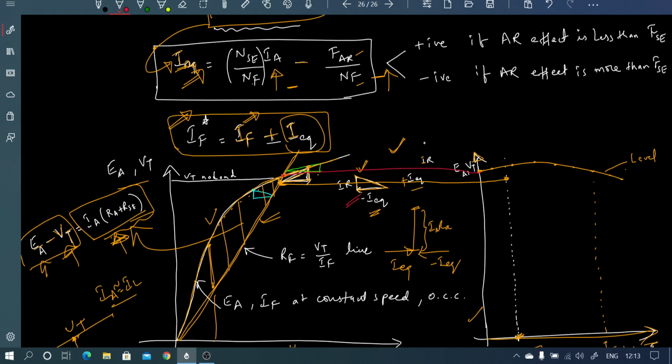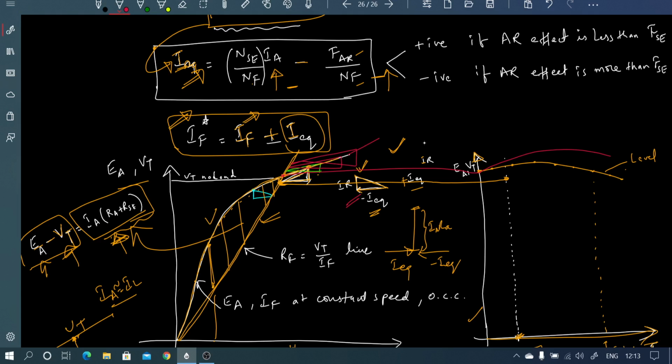Okay, so in case of cumulative compound, the terminal voltage rises, right? This is because the triangle fits somewhere here above the no load condition. The triangle fits above the no load operating condition.